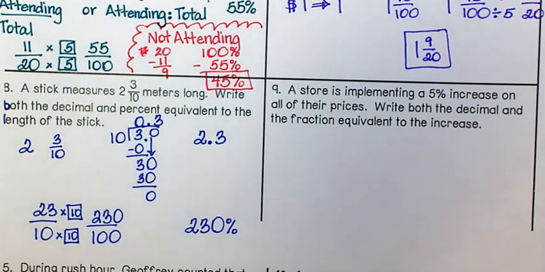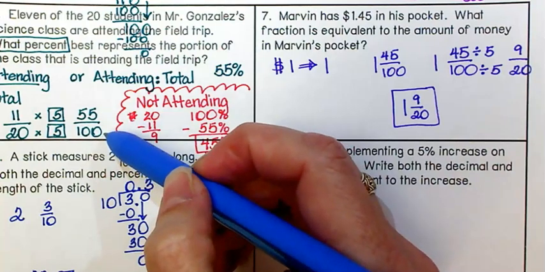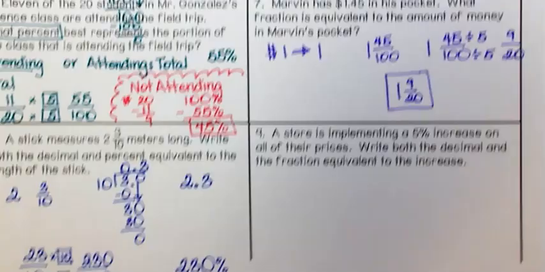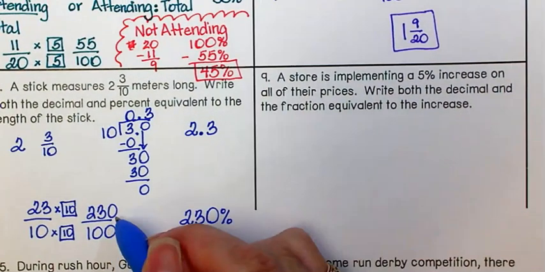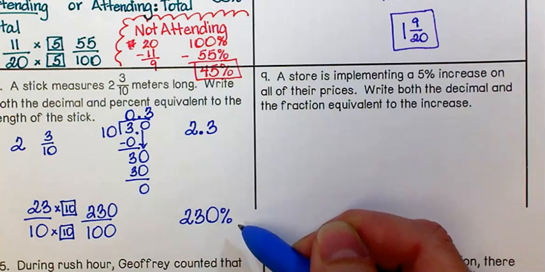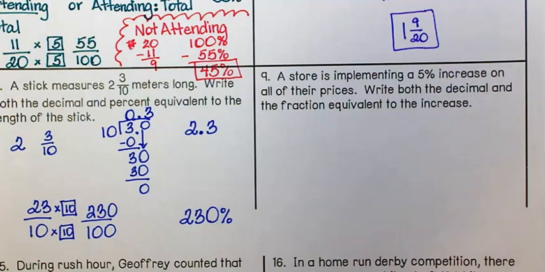Okay? Because remember, like up here, we wound up with 55 over 100, and so our percent was 55%. Down here, we wind up with 230 over 100, so our percent is 230%. Okay? Can you have percents greater than 100?